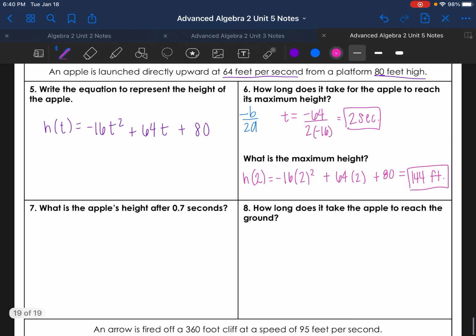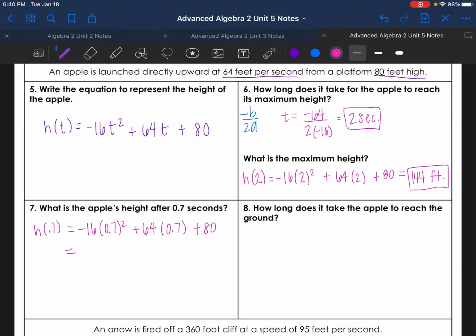Number 7, what is the apple's height after 0.7 seconds? So this is asking for a specific height. So we're going to find h of 0.7. I'm just plugging that in for t.